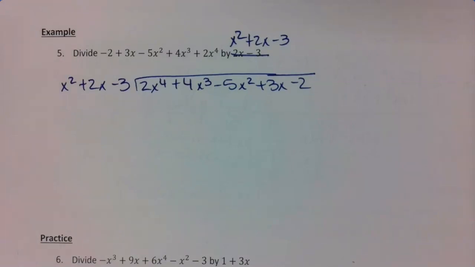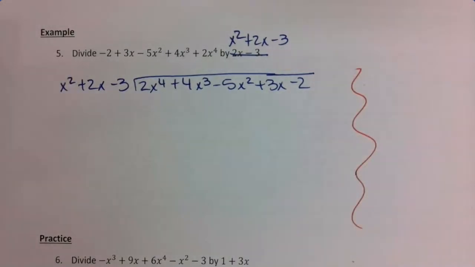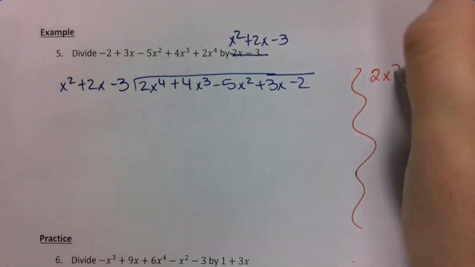Okay, so what do I need to multiply x squared by to turn it into 2x to the 4th? 2x squared.